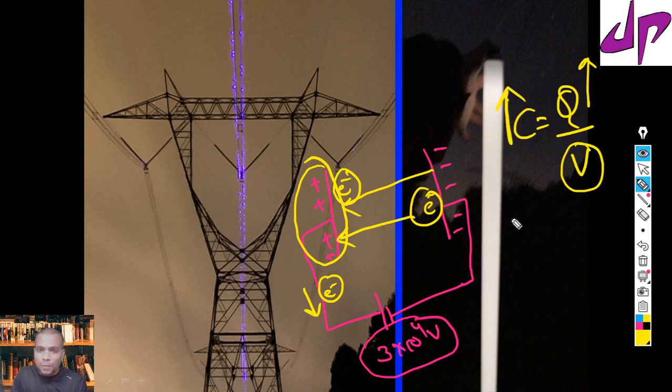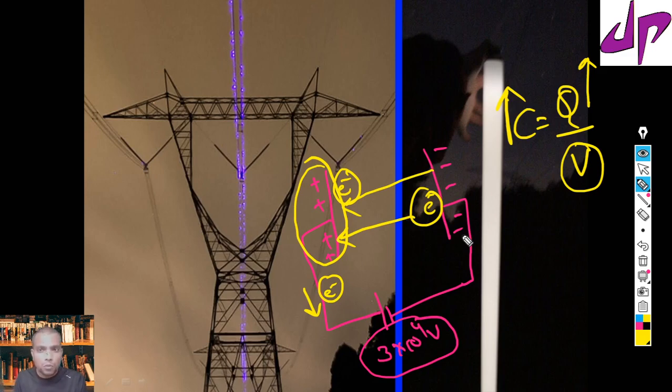Not like that if you are applying more potential difference, we can think the capacitor also stores more charge. That is not the case. Each capacitor has a certain limit. So beyond that limit, it cannot store the charge.